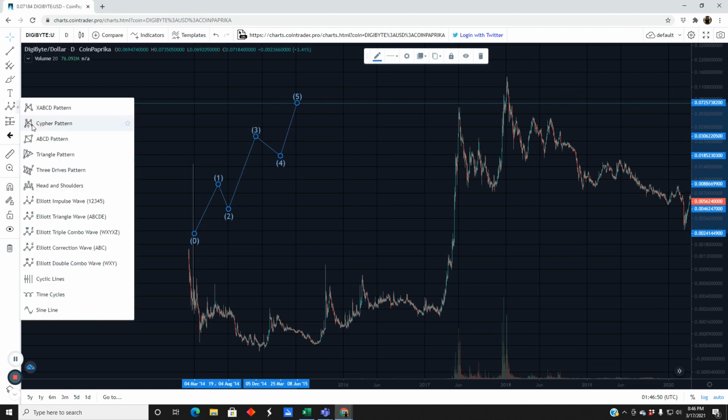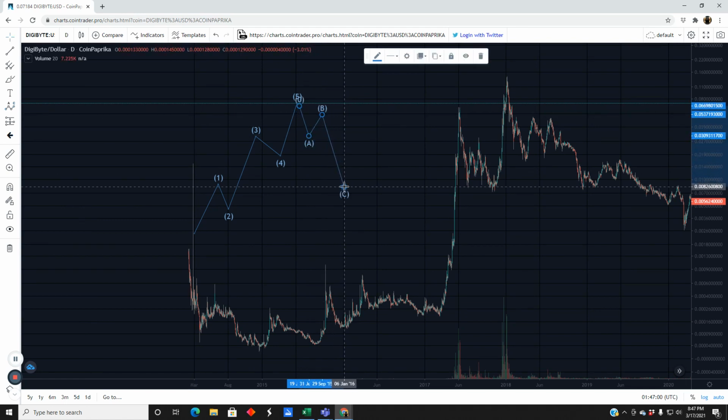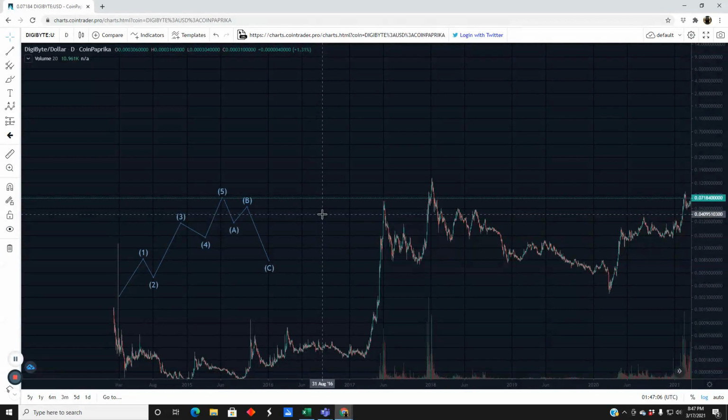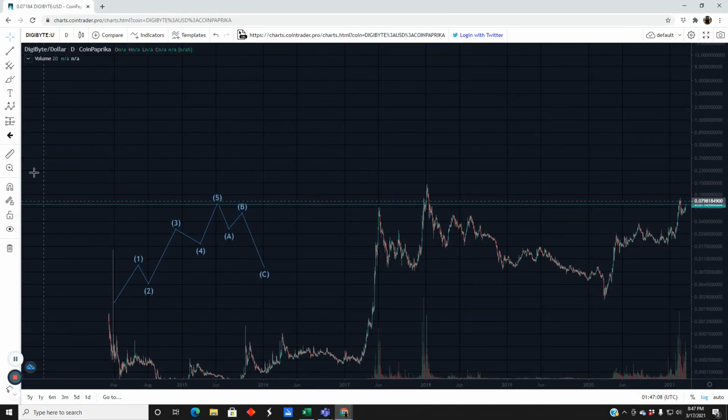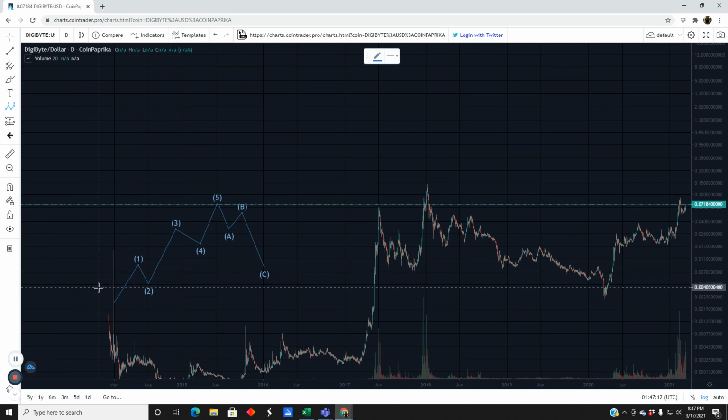And then you have an ABC correction. Then you have an A down, B up, C down. So right there, this is wave one of a macro cycle.